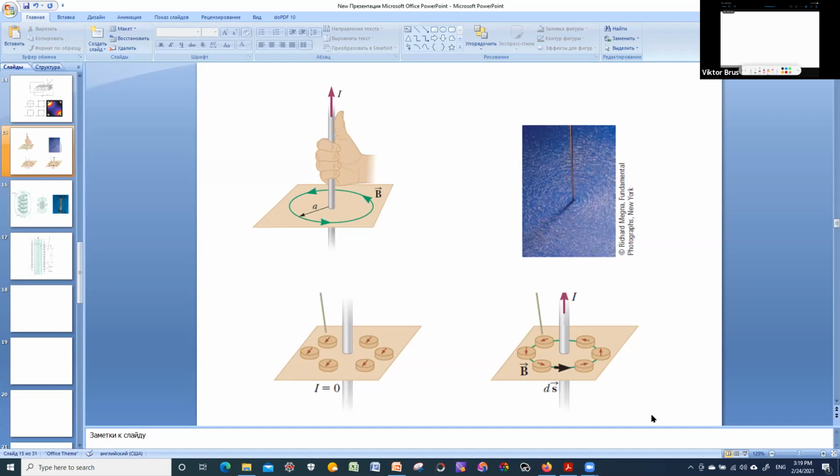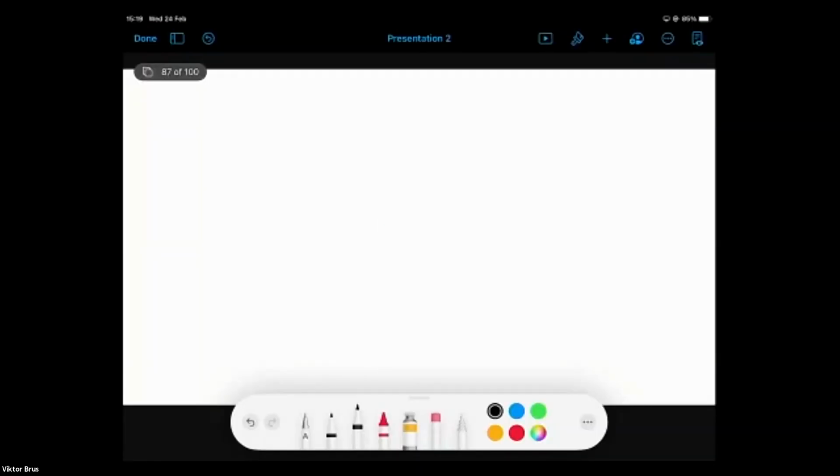So now we switch the camera and can start writing. So this linear integral over a closed loop is shown like this. And we have the scalar product of the magnetic field vector and ds vector, a small displacement vector along this trajectory, along this closed loop.